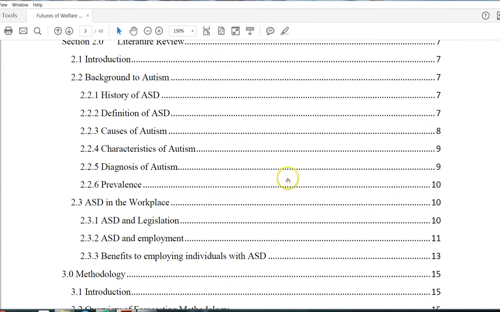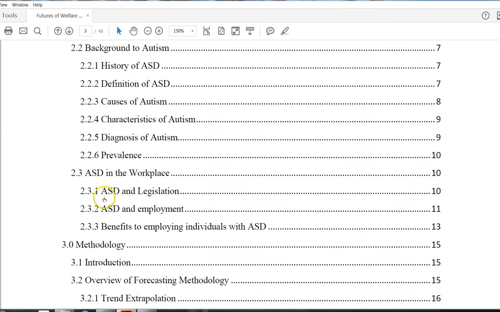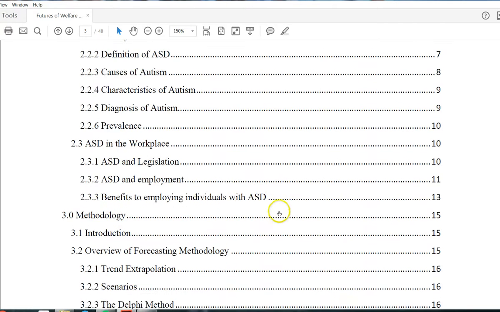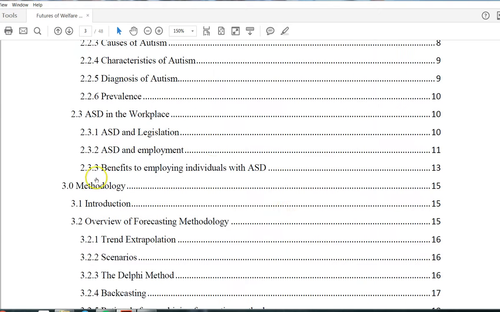The next section, and these are all subsectionalized, you can see 2.2.1, 2.2.2, etc. Then they look at ASD in the workplace, and again they subsectionalize that into legislation around ASD, existing evidence around employment in ASD, and then they look at the benefits, the evidence base to employing people with ASD.